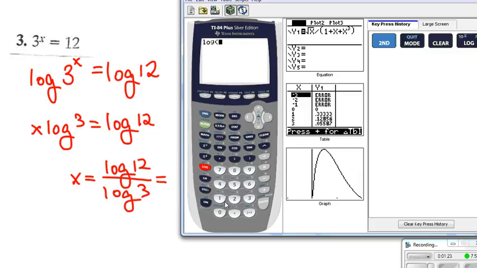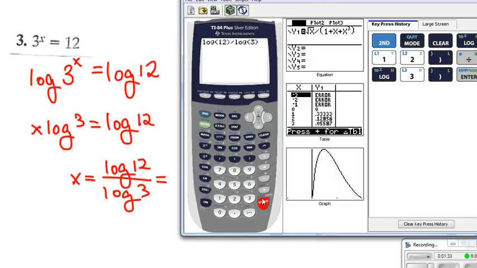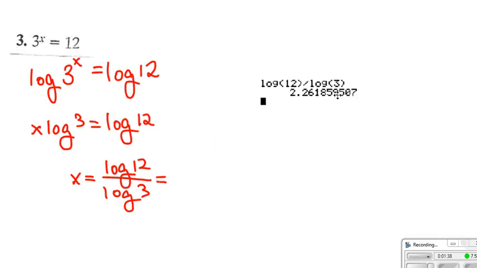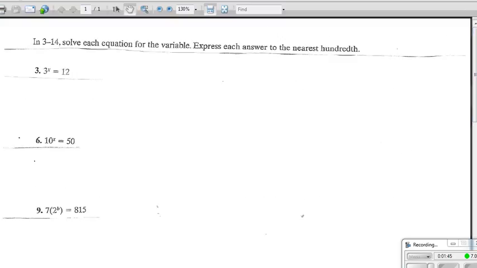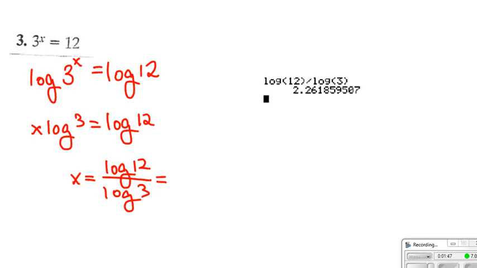Log of 12, close parentheses, divided by log of 3. All right, so then this becomes our answer. Since our answer has to be to the nearest hundredth, our answer will be rounded from thousandths to the hundredth, so therefore 2.26 becomes our answer.